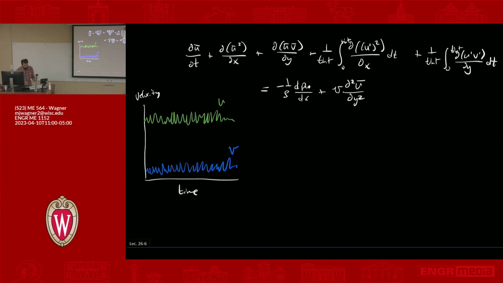All right, so we can use that concept to say that, let's write this out a little bit. So we'd say u prime is approximately equal to v prime. So we can make this observation that if I'm looking at how things change, if I'm looking at these derivatives of how things are changing, I can conclude that in the y direction, if I have a big velocity oscillation in the y direction, the length scale in the y direction is very small compared to the length scale in the x direction, right?